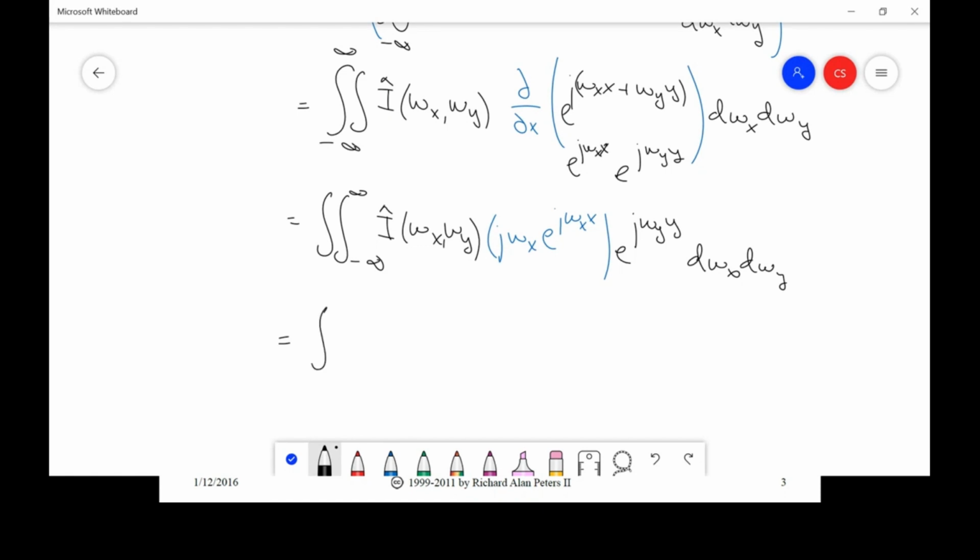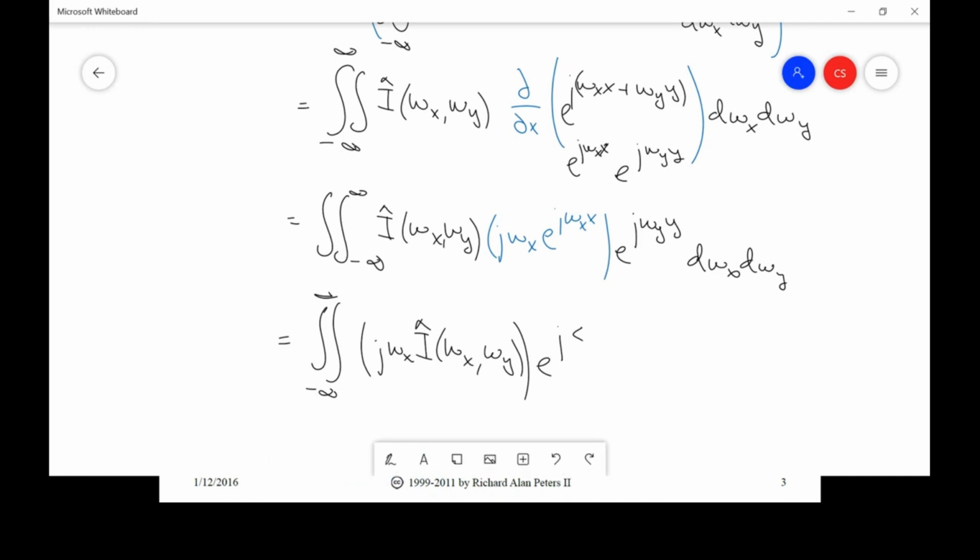Now I will rewrite them this way: the integral from minus infinity to infinity, so that it looks more like j omega x times the Fourier transform. And now we put these two together, and I already used that. There should be a minus, I have forgotten. No, that's fine. Okay.